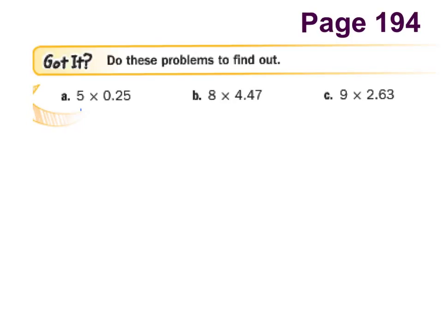I'm going to line this up and write 0.25 times 5. I'm going to count and see there are 2 numbers after the decimal point, so I have to make sure in my answer I have 2 numbers after the decimal point.